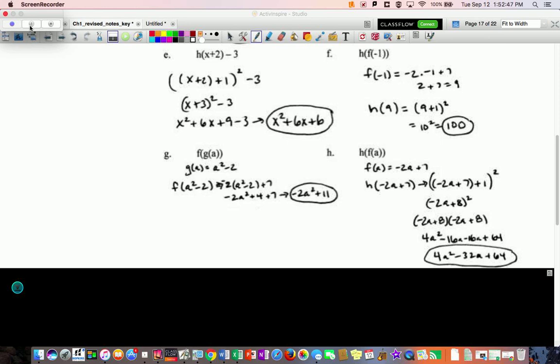Now we're looking at doing some of the composition notation again. So let's go ahead and underline that one in green and that one in red. The first composition is to do f with g of x as the input.